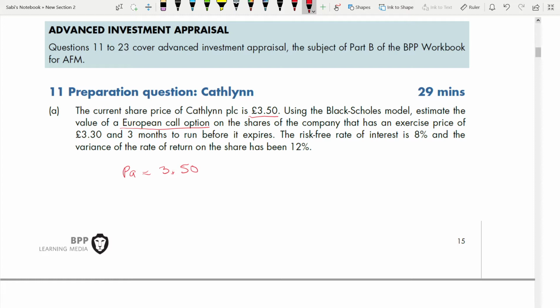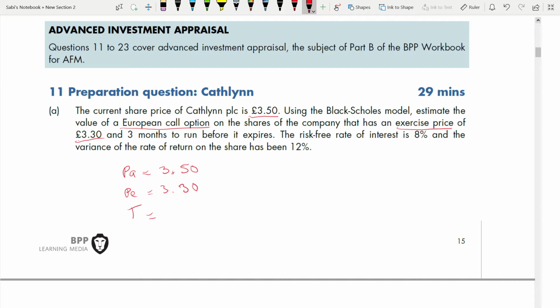The option has an exercise price of 3.3, so your PE in the formula will be 3.30, and 3 months to run before it expires. Whenever you're finding a European call option using the Black-Scholes model, or a European put option, American call, whatever you're calculating, you should always find the 5 variables.